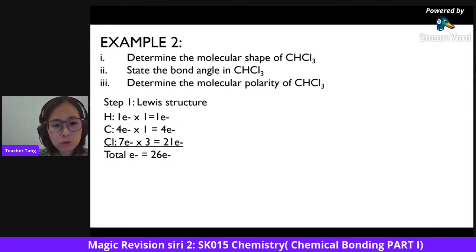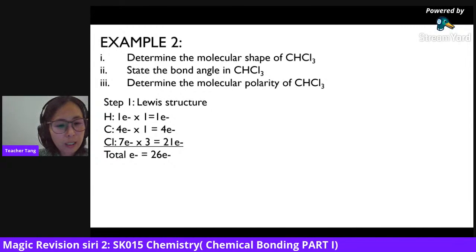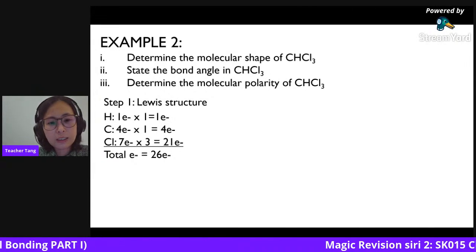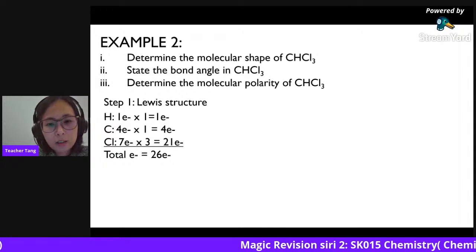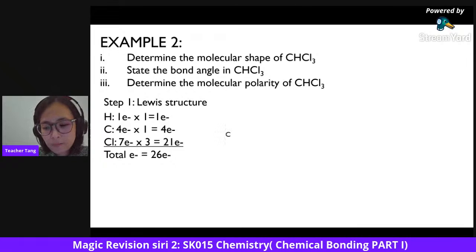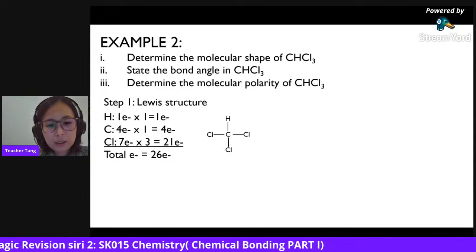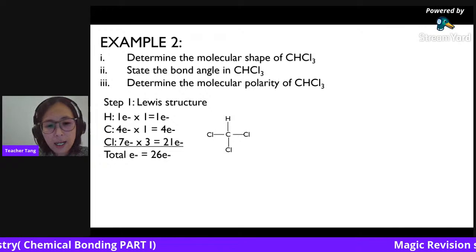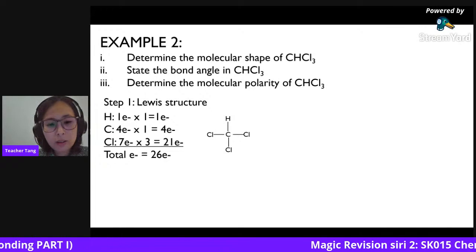To draw the Lewis structure, we need to calculate the total number of electrons. The total number of valence electrons here is 26. The carbon is the central atom. This is the skeletal structure for CHCl3. And then remember, we need to make the terminal atoms octet.